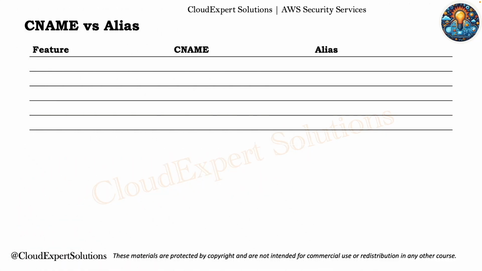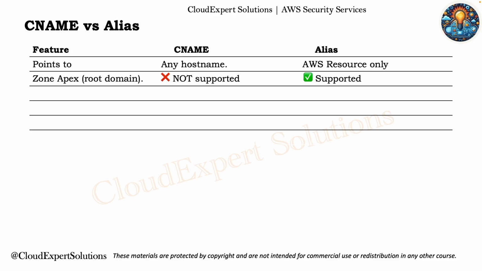Now this is where things get really interesting and where I see students make mistakes during their certifications. Now let's review CNAME record versus Alias. CNAME records can point to any host name anywhere in the world, but Alias record can only point to AWS resources. But here's the big one.